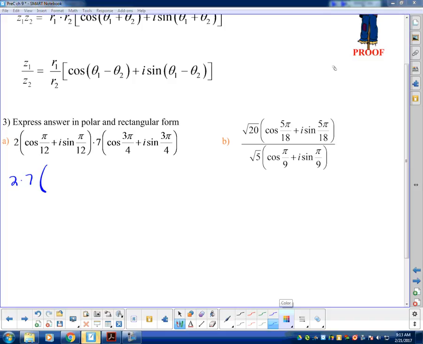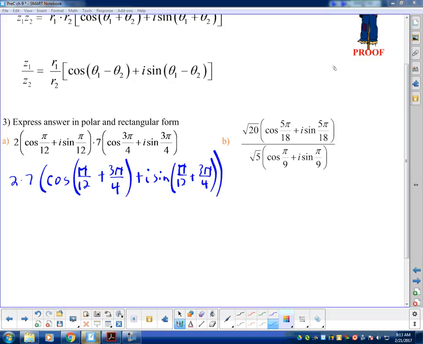And then you take the two angles and add them. And that's it. So 2 times 7 is 14. And this is cosine of pi over 12 plus 3 pi over 4.